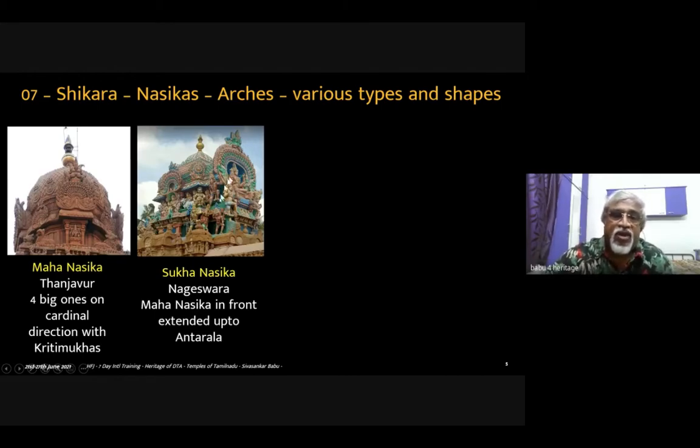So it is called Sukhanasika, a bigger one. Sometimes it is extended so much that it covers the entire width of the vestibule or the antarala, the next component of the building.